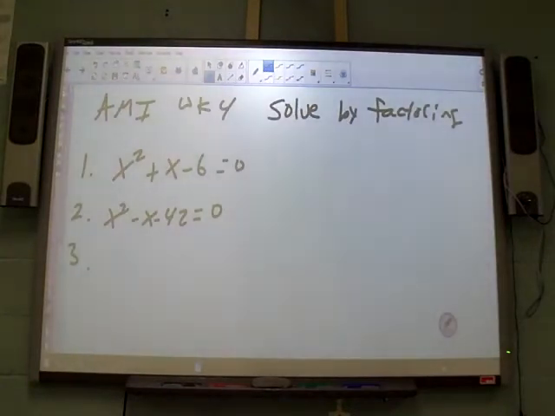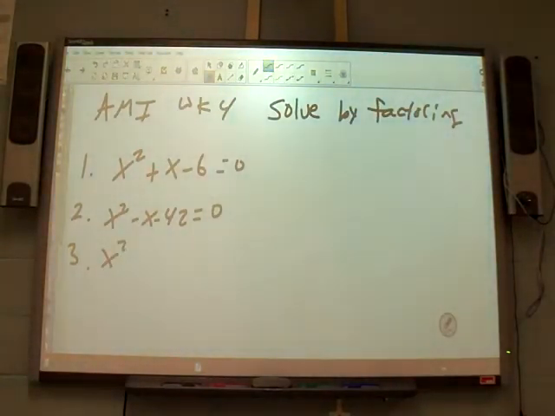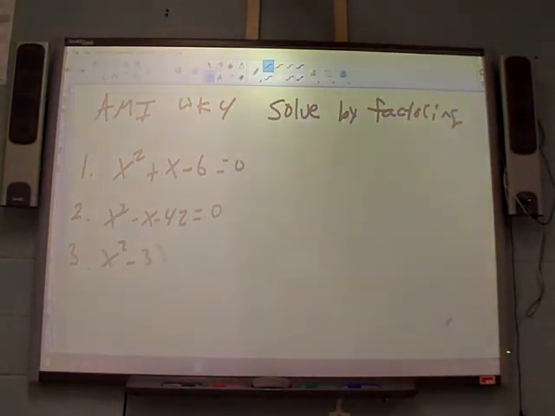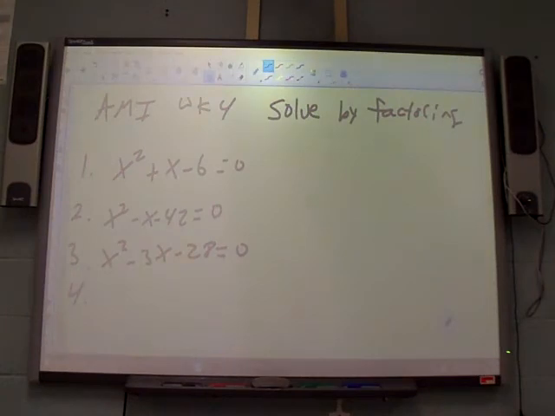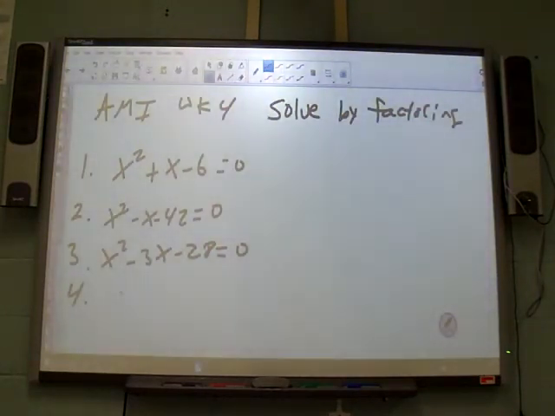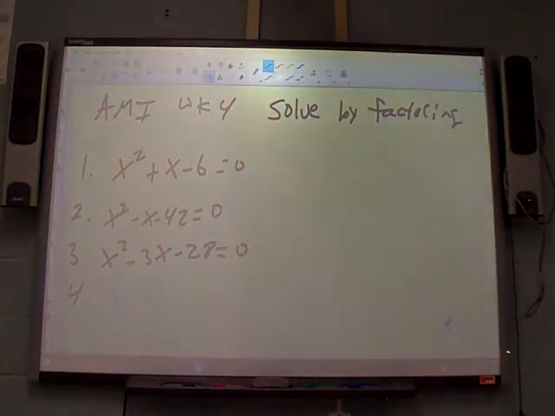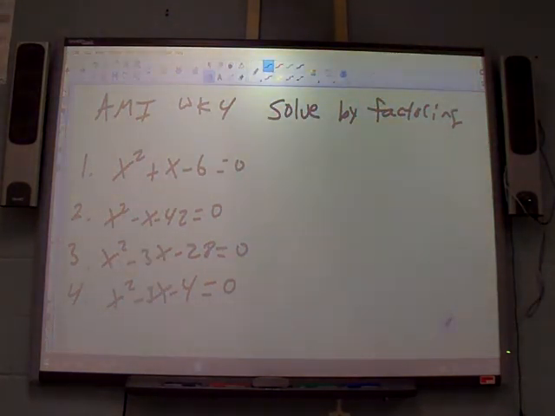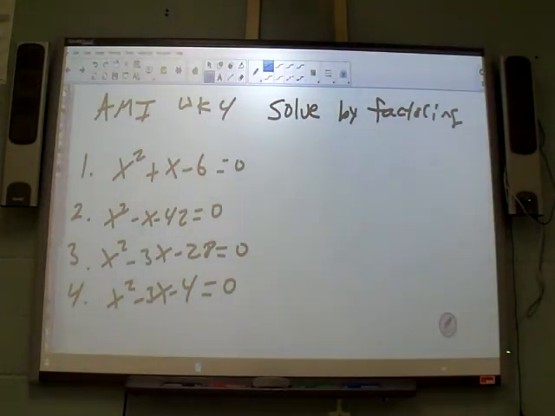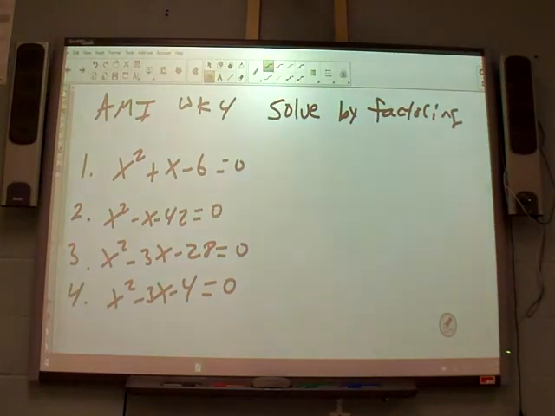Number 3, x squared minus 3x minus 28 is equal to 0. And the last one, number 4, x squared minus 3x minus 4 is equal to 0. All right, so get those knocked out.